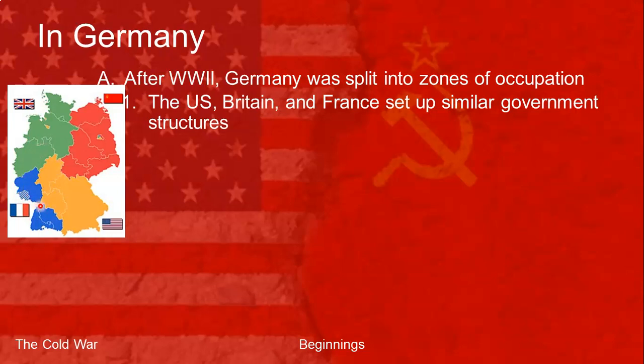The whole point of the occupation was to just let Germany know they had been beaten and to administer them, but eventually the plan was to reunify the country under one government. And so the 3 of us, we set up a very similar government structure. That way, when it did reunify, there would be a very simple transition.